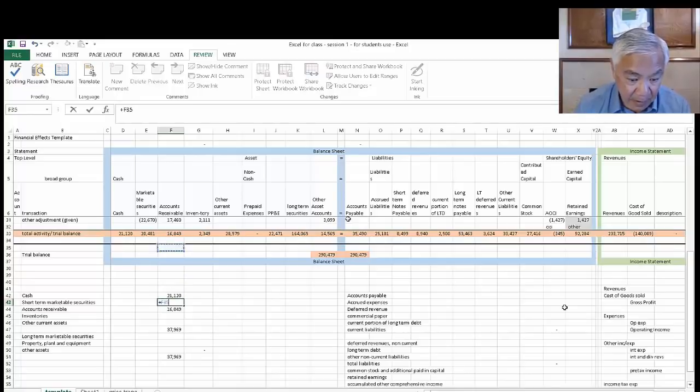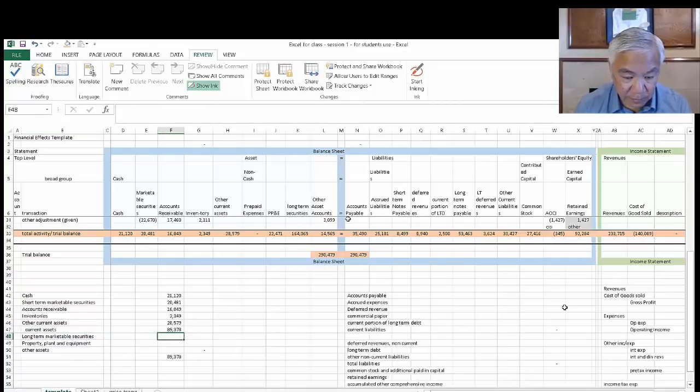That's 20,000. Accounts receivable is the 16. Inventories is this number. Other current is this number, 8028. And we can pull the subtotal. So this is current assets.